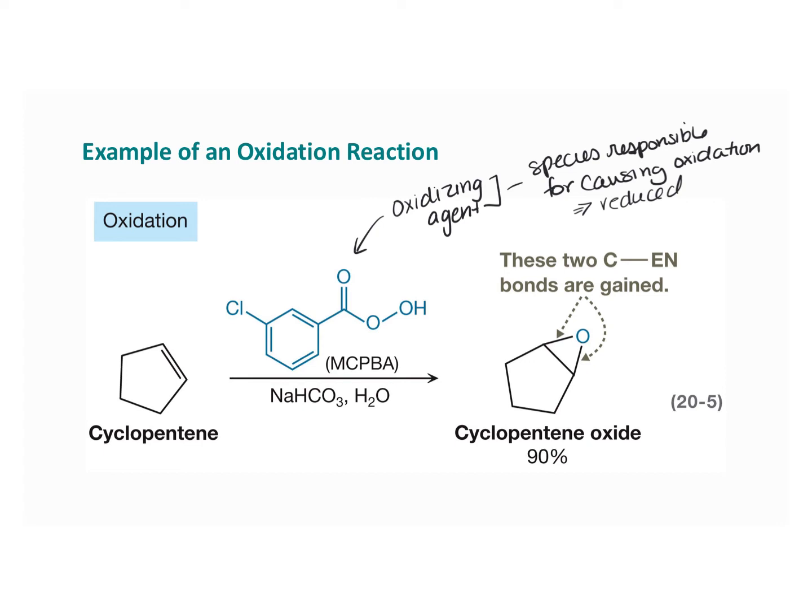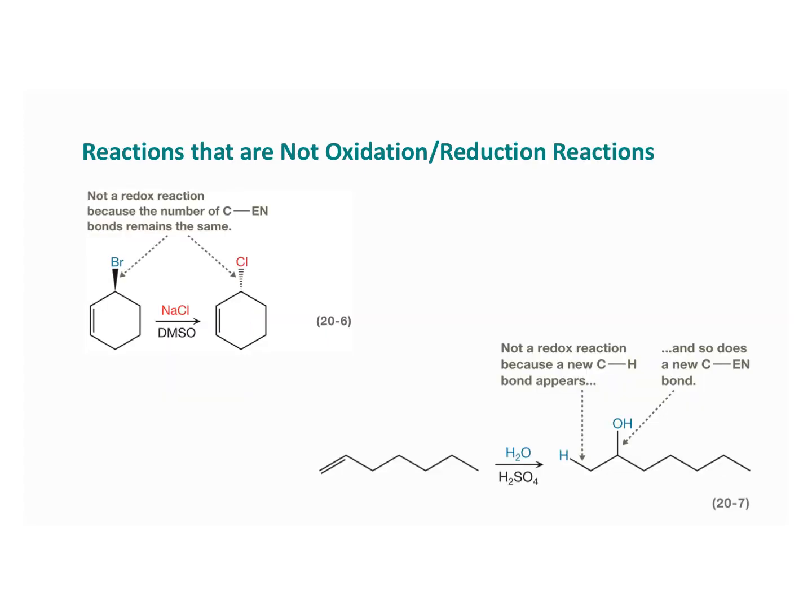Not all reactions, though, are oxidation-reduction reactions. And so we have to be careful here. In addition to recognizing reactions that are reductions or oxidations, it's really important to recognize when a reaction is not a redox at all. So, for example, let's look at this nucleophilic substitution reaction right here.